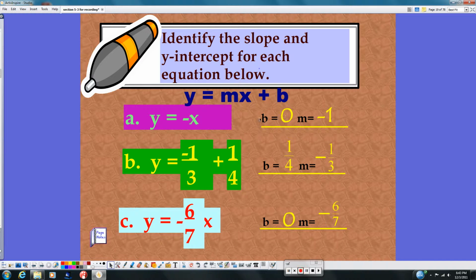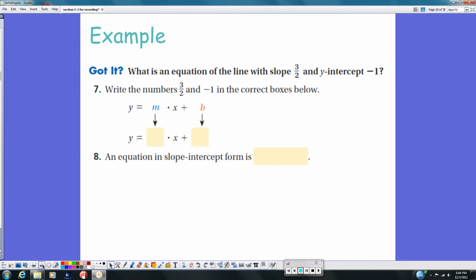In this case, the y-intercept is 0 because we don't have anything added to our x. The slope is negative 1 because there's a negative 1 in front of our x. In the second one, 1/4 is our y-intercept, and negative 1/3 is our slope. Negative 6/7 is our slope in this last one, and again our y-intercept is 0.